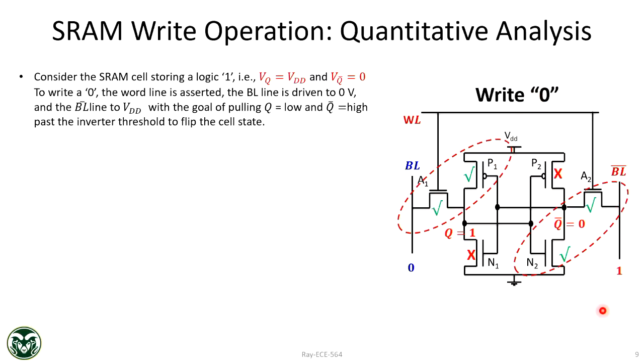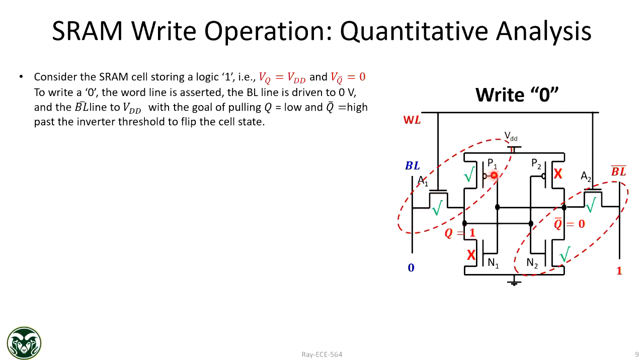There are 2 regions where computation will take place. One is here, because here this is on, this is on. Whenever Q equal to 1, P1 has to be on, right? Q equal to 1, N2 has to be on because the N2 gate is Q equal to 1. Now these two will compete.